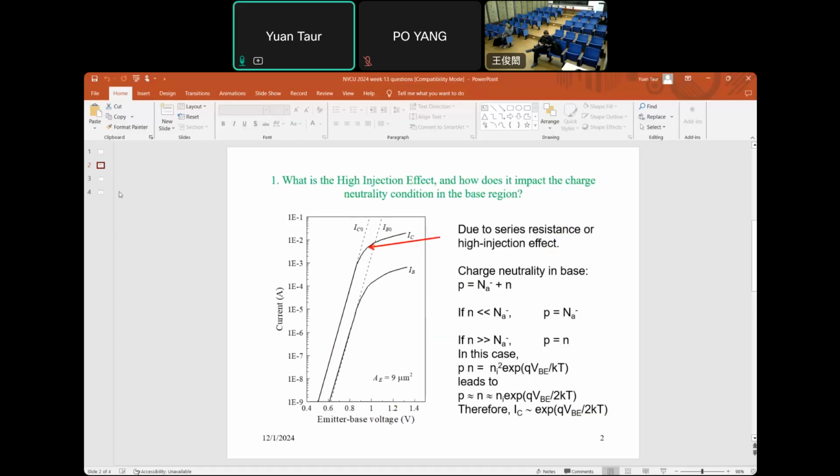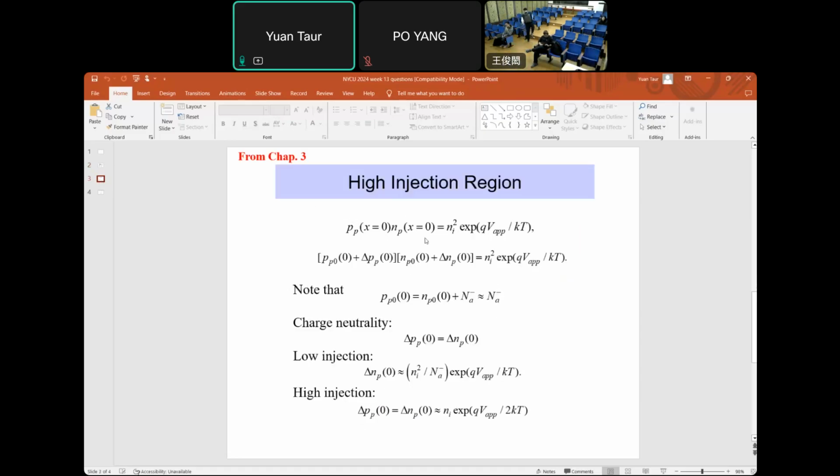I also addressed this in chapter 3, shown here. For a PN junction, you can see the charge neutrality means that the injected minority electron in the base should be the same as the injected hole density into the base, the majority.